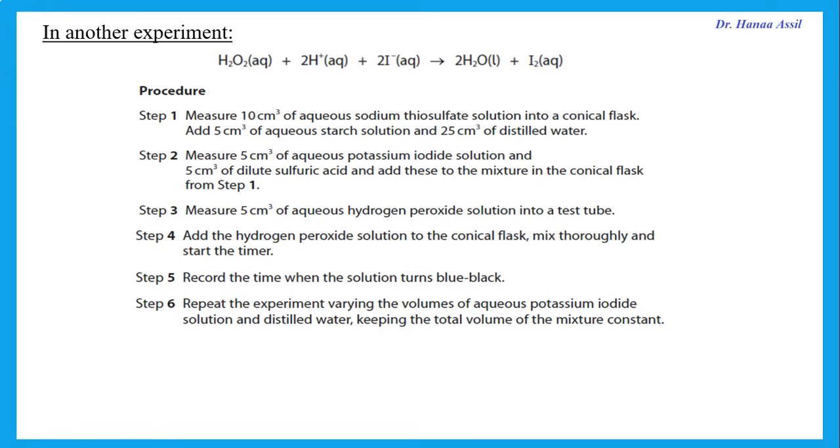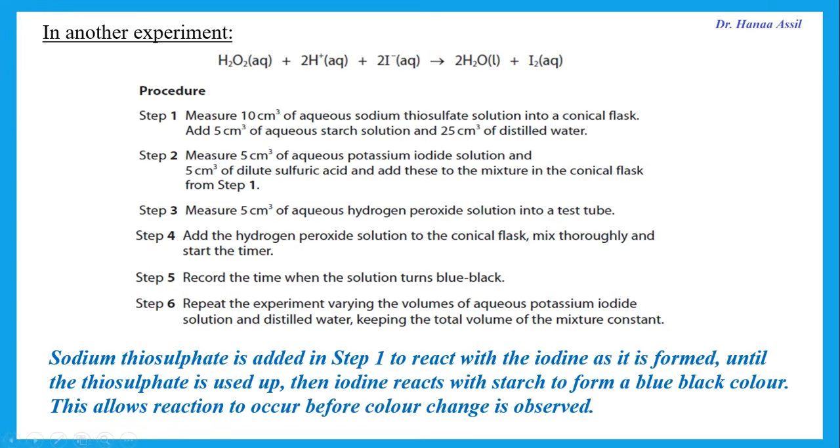We're not titrating, but we added the sodium thiosulfate at the beginning so that the sodium thiosulfate reacts with the iodine as it is formed. So, as the reaction forms iodine, sodium thiosulfate reacts with it. It sort of uses it up from the mixture until all that specific amount of sodium thiosulfate has been used up.